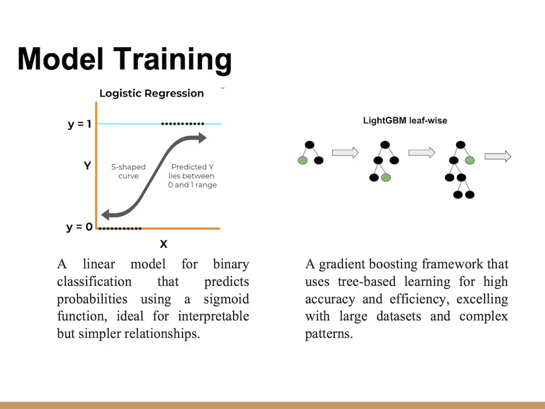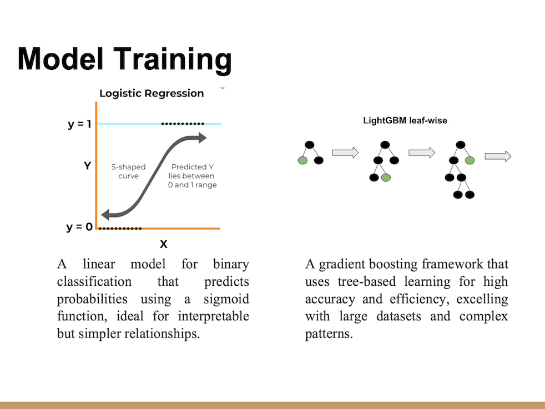For the model training part, I mainly implemented two different machine learning models on this task, which are logistic regression and LightGBM. Generally speaking, logistic regression is a linear model for binary classification that predicts probabilities using a sigmoid function, ideal for interpretable but simpler relationships.